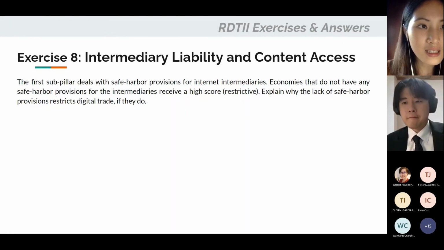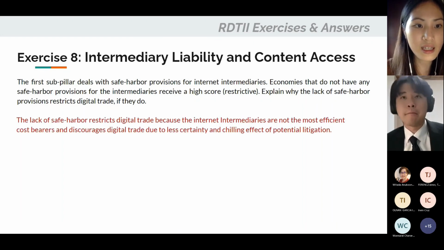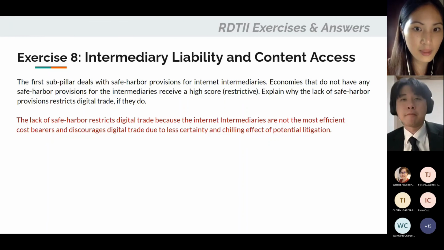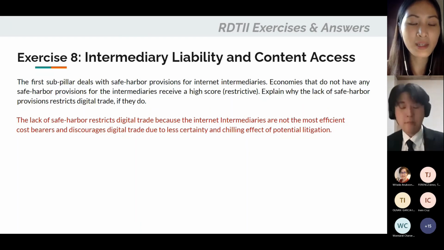The answer here is that the lack of safe harbor will discourage trade, and it can be restrictive because internet intermediaries are not the most efficient cost barriers. They should not be liable for the illegal content posted by the user or the copyright infringing content that they are not the ones who posted, and the user should be liable for their certain actions.